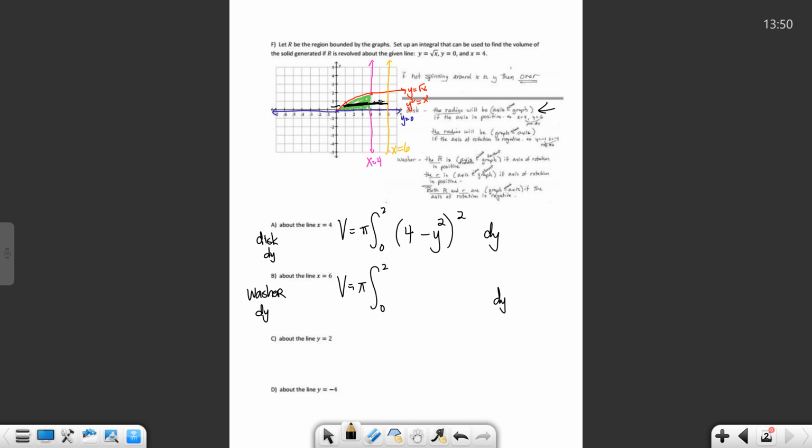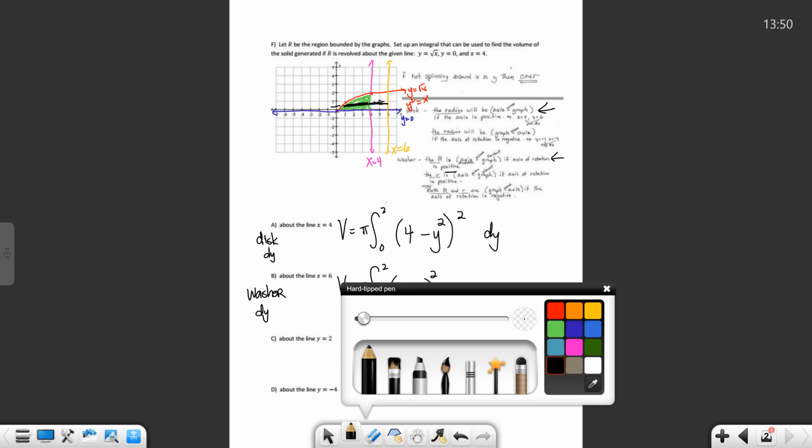But a washer is R squared minus r squared. So now the axis of rotation is positive, so I'm going to use this line right here. The capital R is axis minus the farthest away graph. So let's do our capital R. It's axis, which is 6, minus the furthest away graph. Let me pick a different color so you can see it.